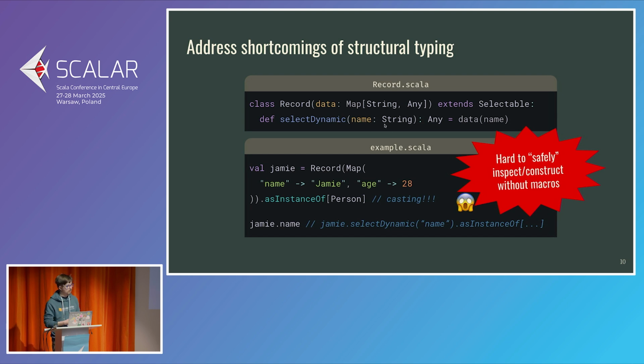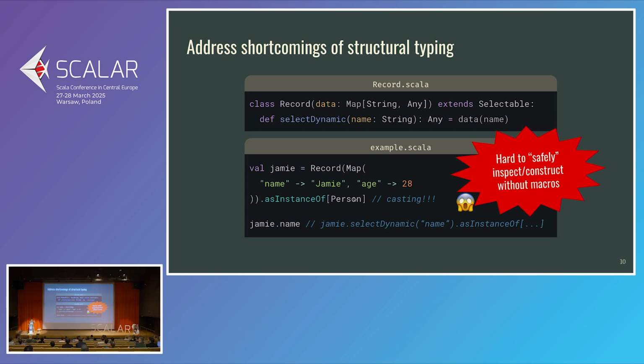This could be an inline method, so you can have an attempt at optimizing it, but you really have to use macros, because the only way to turn your dynamic thing into a safely structurally typed person is with a cast. And you can't really construct these types programmatically from data, only using macros.